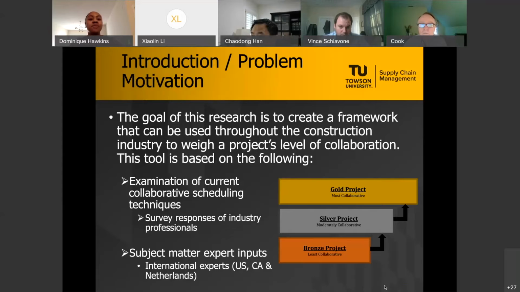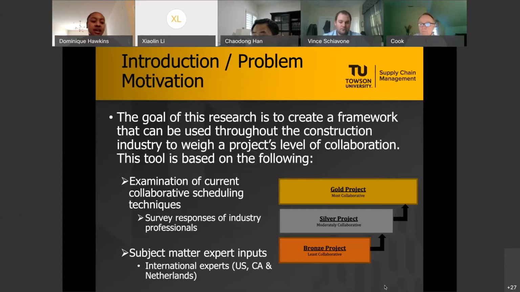For this tool, we use the two following inputs. One of our inputs was the examination of current collaborative scheduling techniques, and for this portion of the project, we used survey responses from industry professionals.